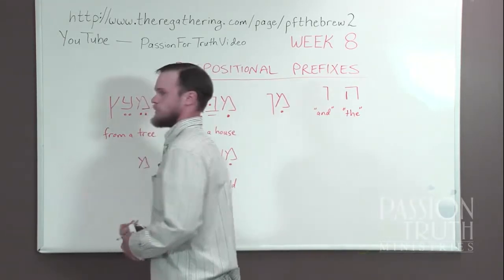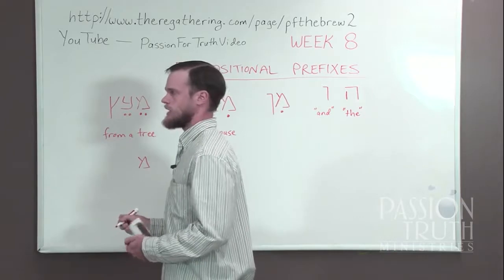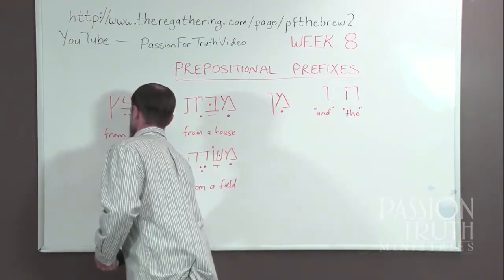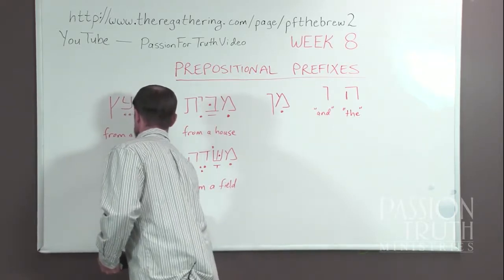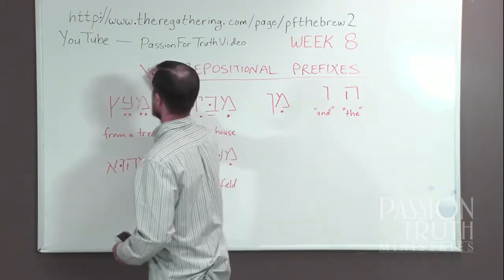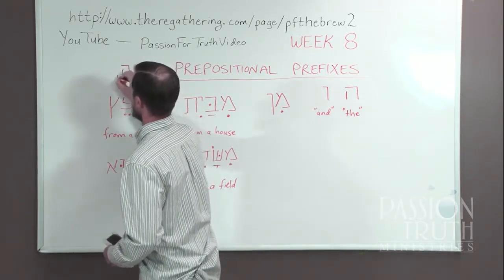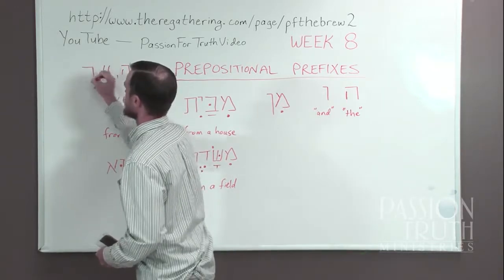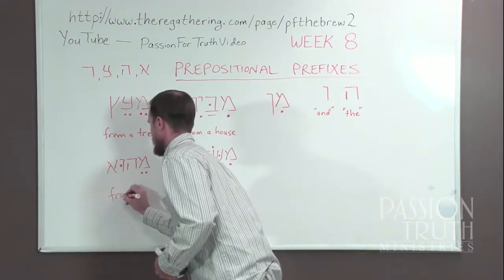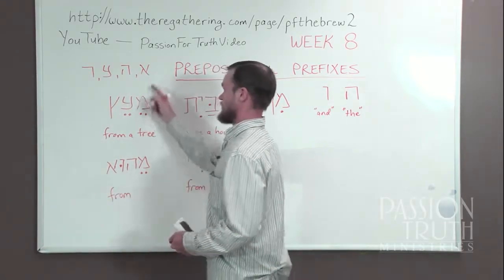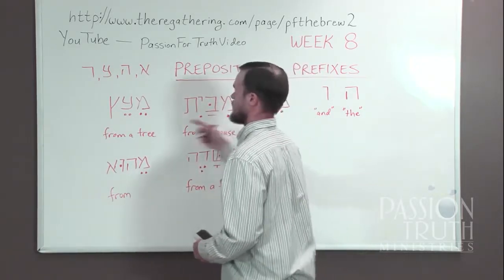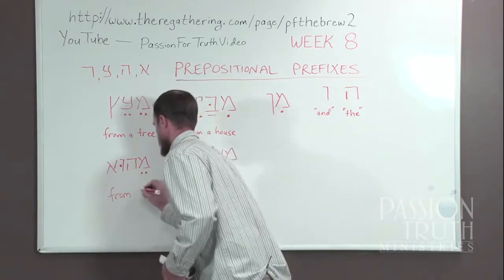Him would be hu. Hu is he or him. So me'hu, from him. Because that starts with a hey. So aleph, hey, ayin, and resh. When the mem prefix precedes any of those letters, it'll take a tzere instead of a chirik. So mi or me are your two possibilities.